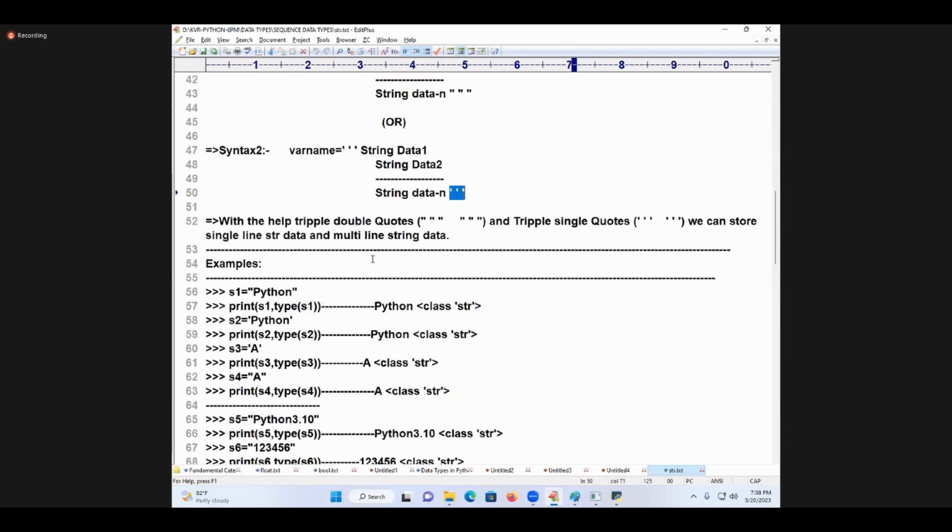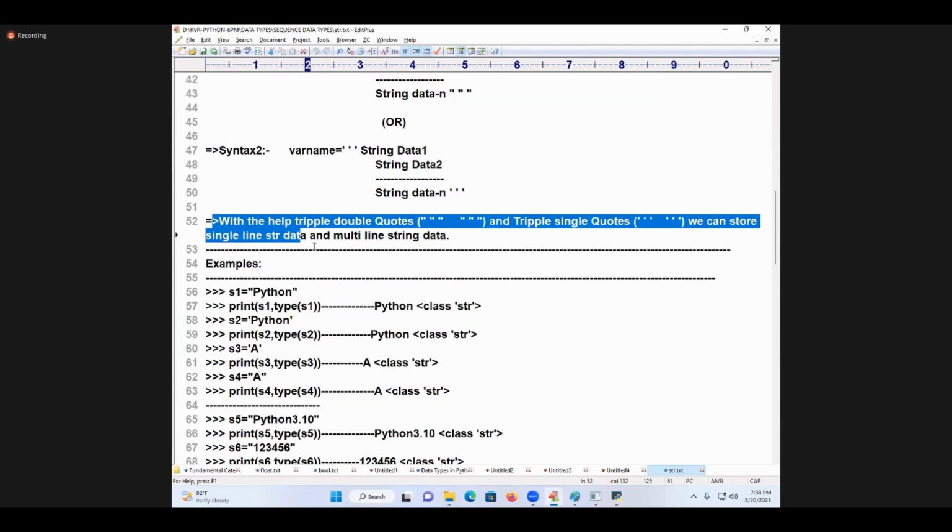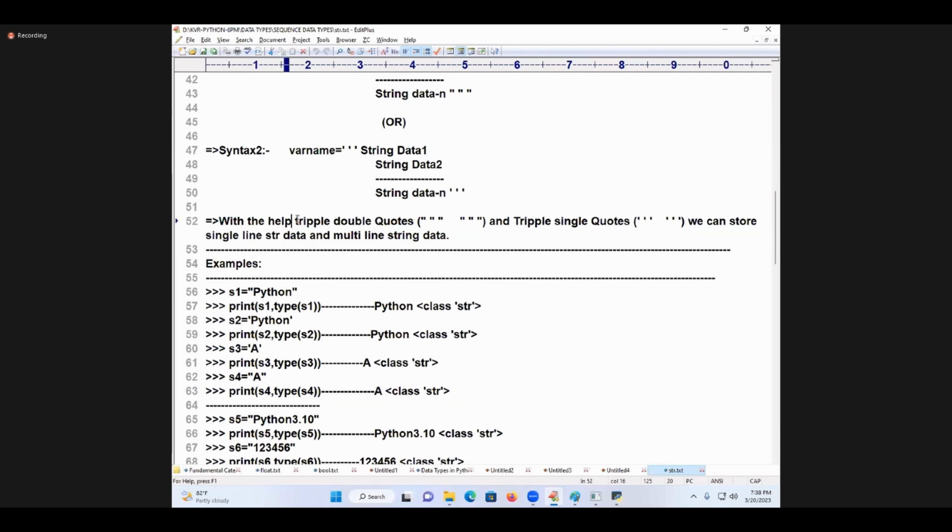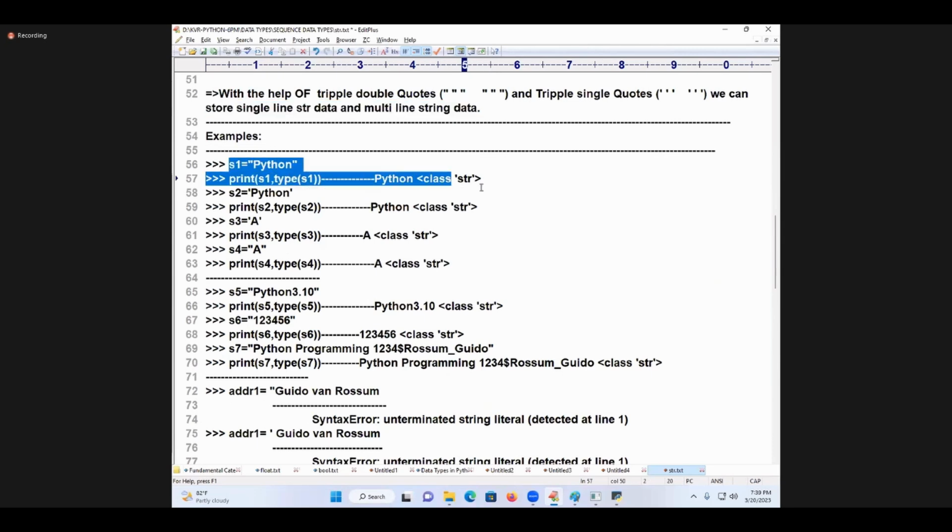Getting my point? With the help of triple double quotes or triple single quote, we can store single line str data and multi-line str data.